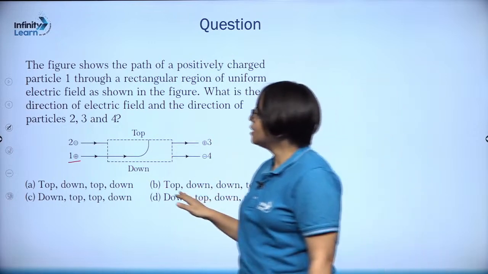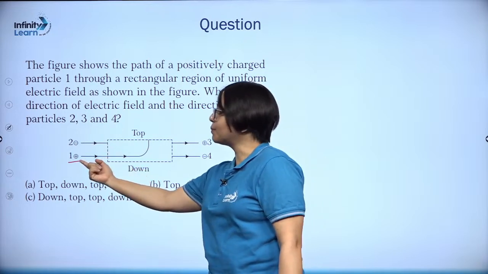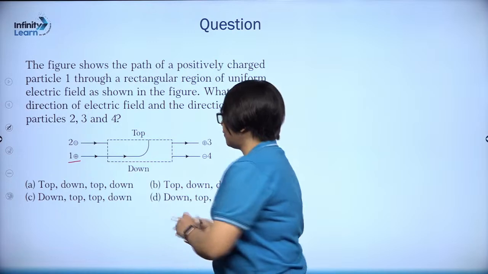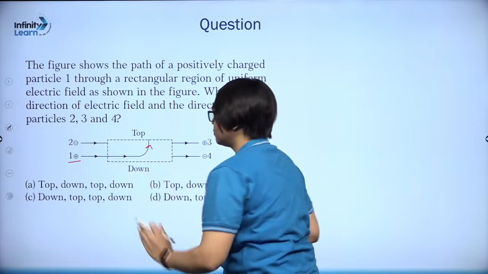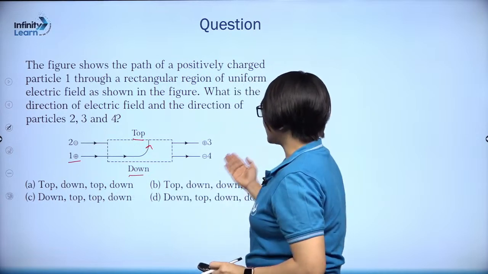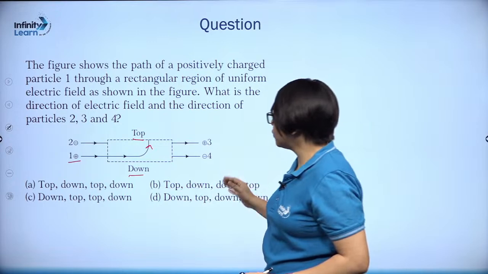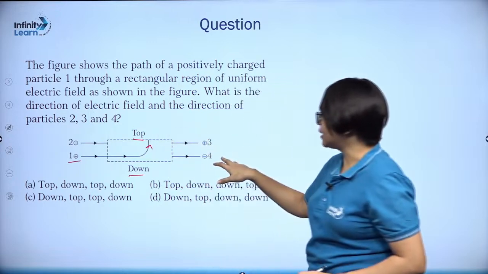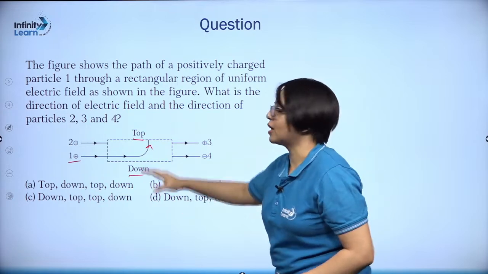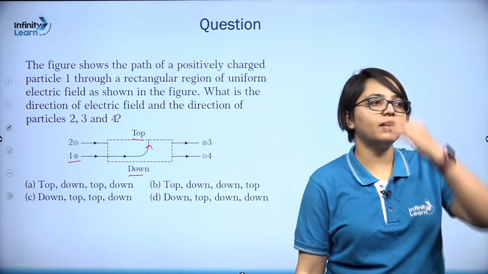Right now I don't know what is the direction of electric field, but once I throw particle 1 inside this electric field region, it deviates like this. It is moving towards top. Then you have to tell what is the direction of electric field, and if you throw particles 2, 3 and 4 also in this region, where will they move, top or down? Fine. Let's try this one everyone.